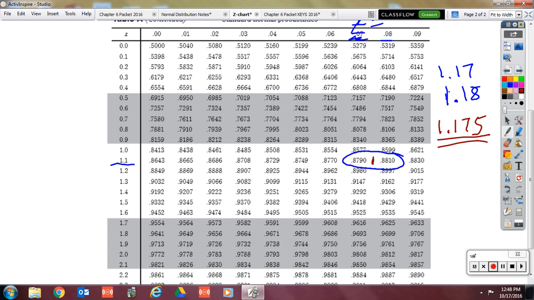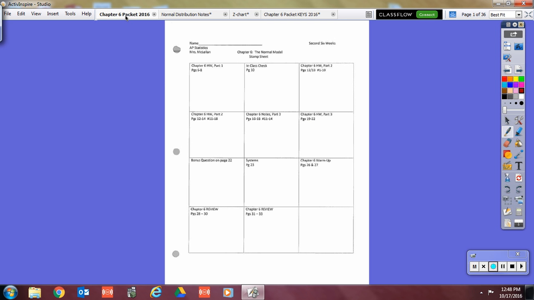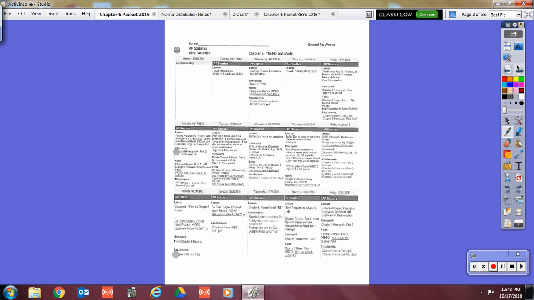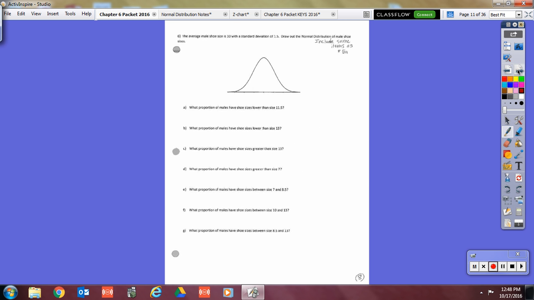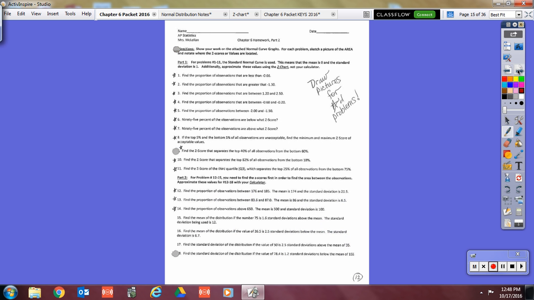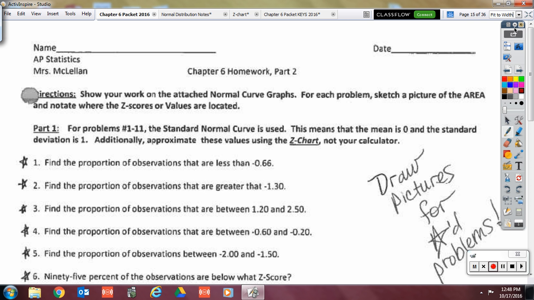So now let's go to your assignment. If you'll turn to page 12. All right. On this page 12, you're going to be doing just the first 11. That's just this first part.